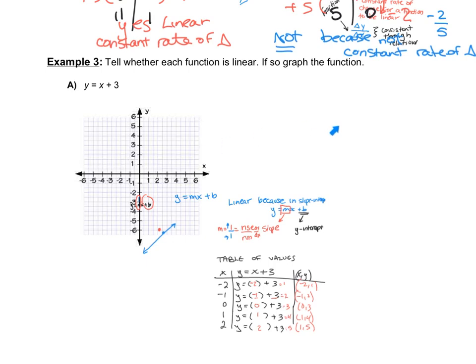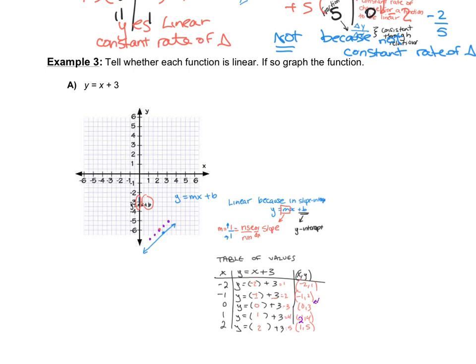So you could have either done it as y equals mx plus b, if you're comfortable with that already, or you could do a table of values. Either works, because they're both graphing the same line. So when I go to plot those points, -2 comma 1 is right here. -1 comma 2, 0 comma 3, notice it's the y-intercept, 1 comma 4, and 2 comma 5.